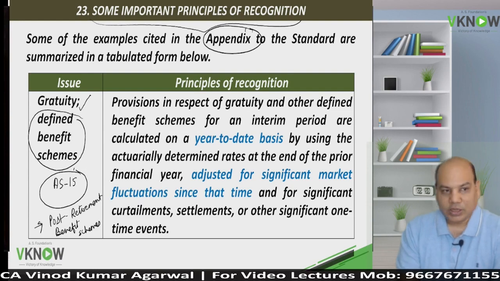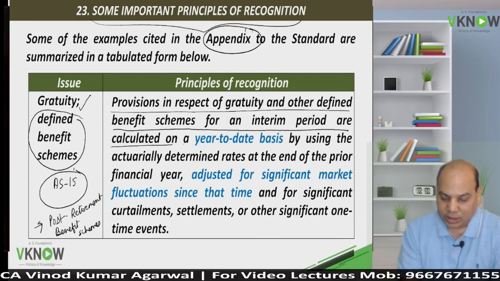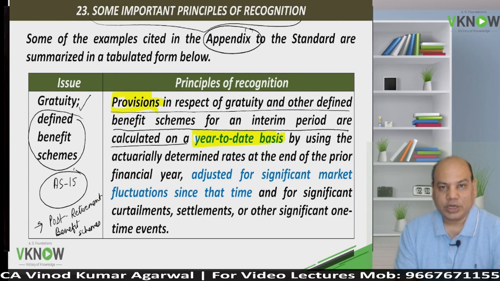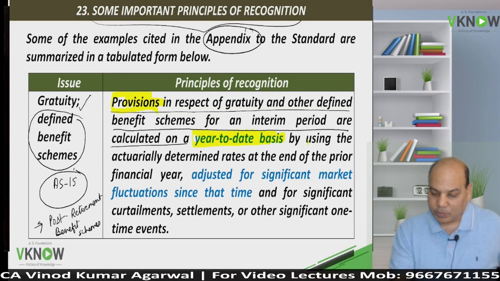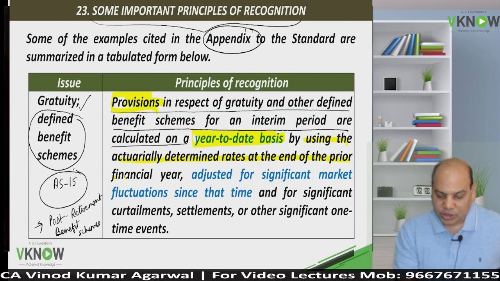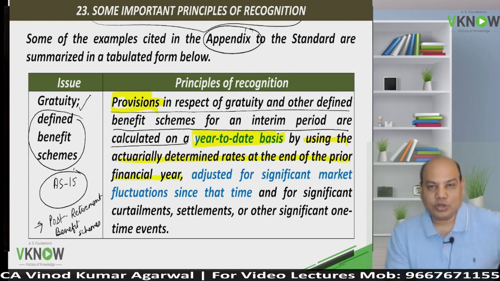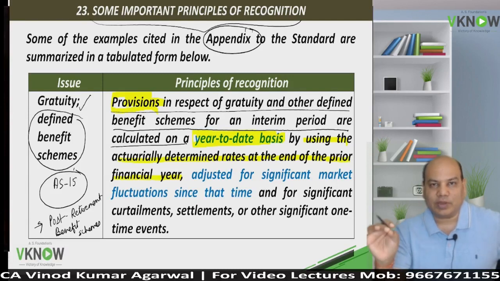So the standard says the recognition principle would be as follows: provision in respect of gratuity and other defined benefit schemes for an interim period is calculated on a year to date basis. Provision will be calculated year to date, from the beginning of the current year till the end of that interim period, by using the actuarially determined rates at the end of the previous financial year, because at the end of the previous year a detailed actuarial valuation is done.